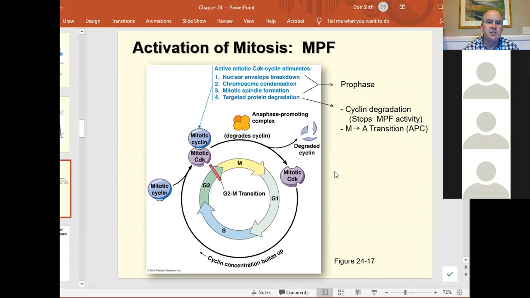Here we are looking at the cell cycle. So you've got your mitotic CDK, which is CDC2 or CDK1, and it's kind of inactive through most of the cell cycle until the mitotic cyclin builds up high enough.